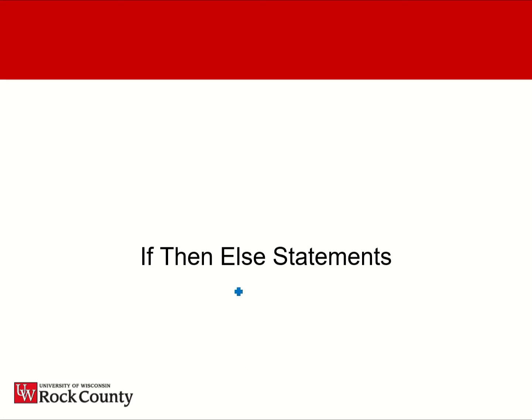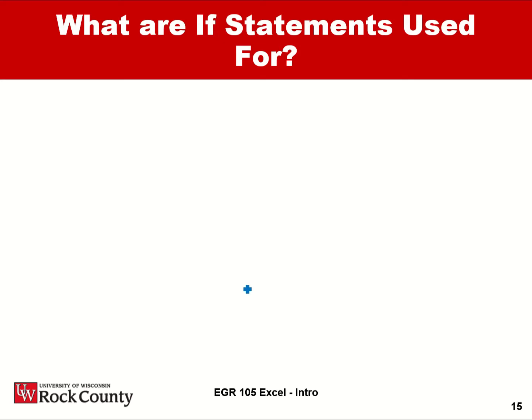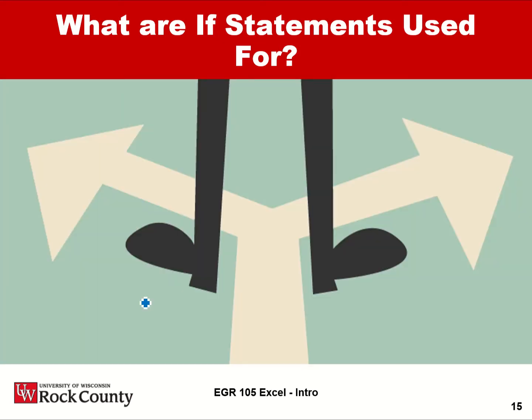Okay. We're going to use those logical and relational operators to determine things in an if-then-else statement. So how does that work? Let's take a look at what they are, and why we even want to do these things. What are they used for? If-then-else statements are used for making decisions.